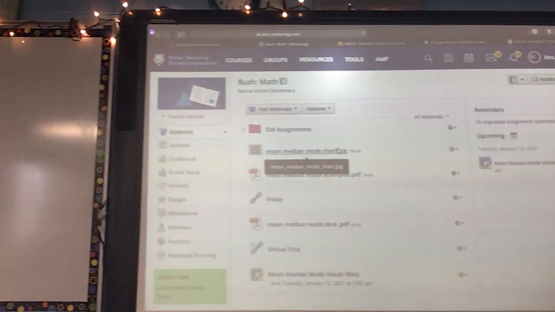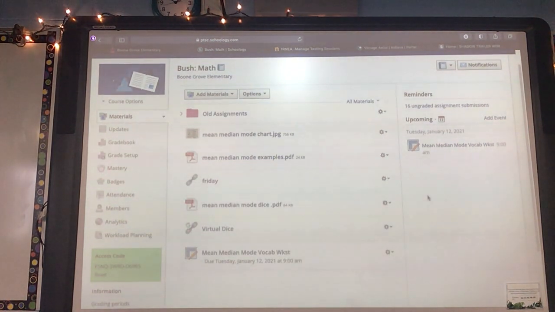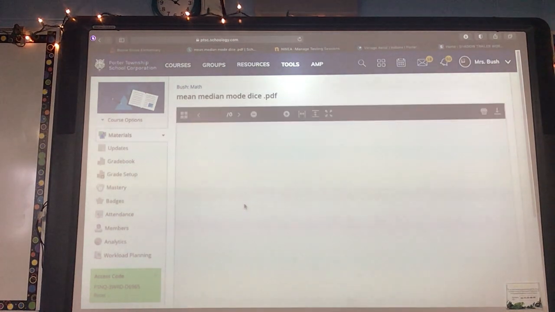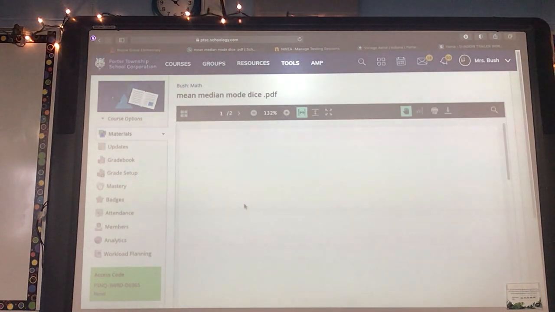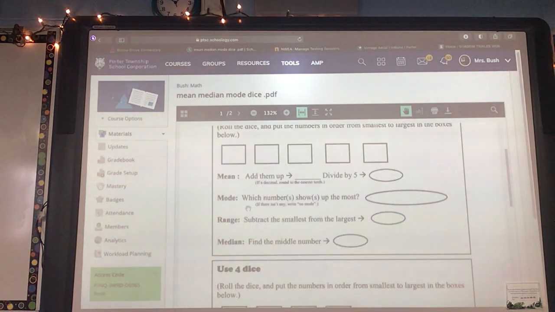On Schoology, we have a paper that we're going to use to do some mean, median, and mode practice. And it is called Mean, Median, and Mode Dice. My friends in Mrs. Long's class, in my class, I did print this for you. My e-learners, you can print this or just do it in your math notebook.